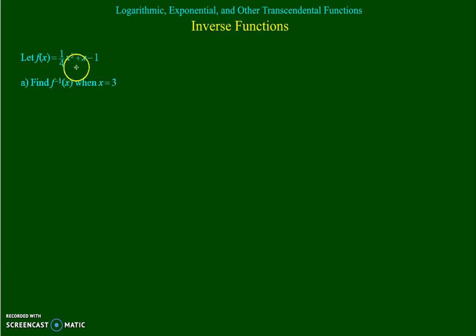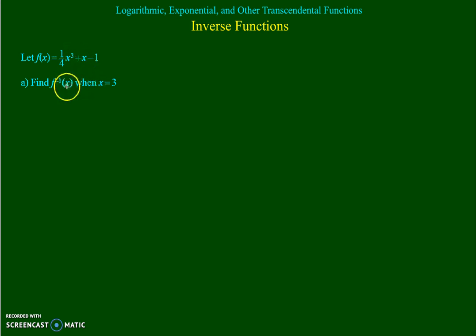That means the x's and y's swap places. In other words, the domain of the inverse is the range of the original function, and the range of the original function is the domain of the inverse. So the x's and y's swap. The domain of one is the range of the other, and the range of one is the domain of the other.